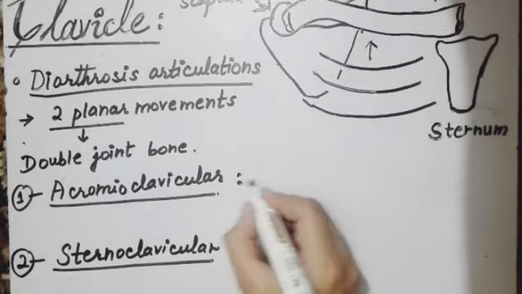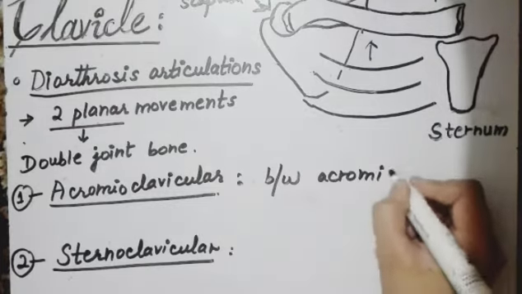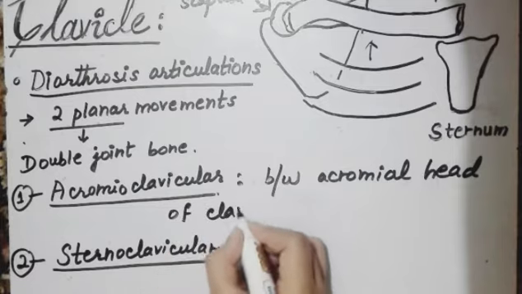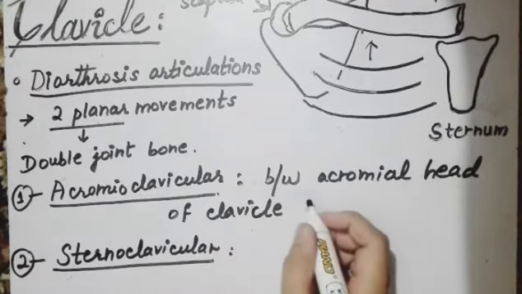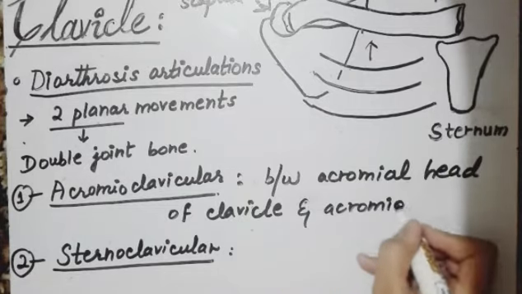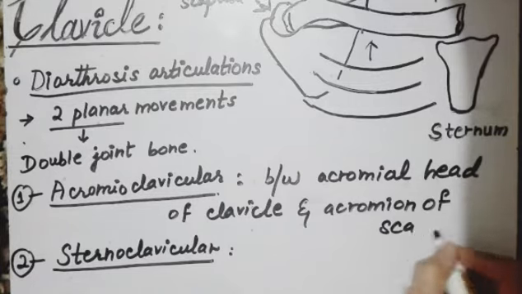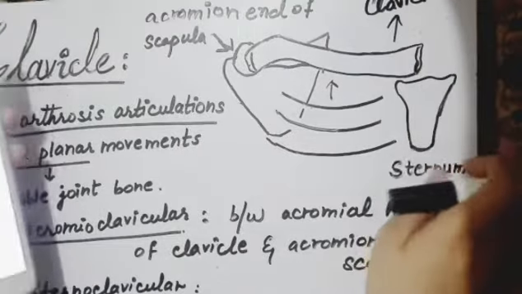Now, talking about the acromioclavicular joint, where is it found? It is found between the acromial head of the clavicle and the acromion process of the scapula. The acromial head means the part of the clavicle that connects to the acromion end of the scapula.